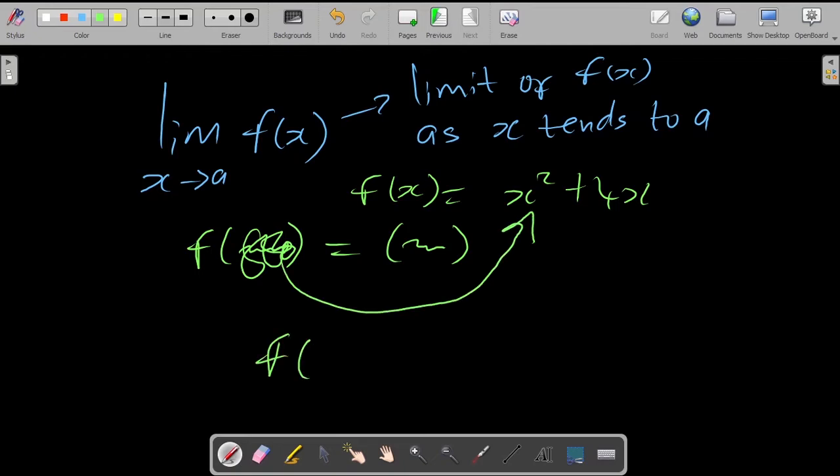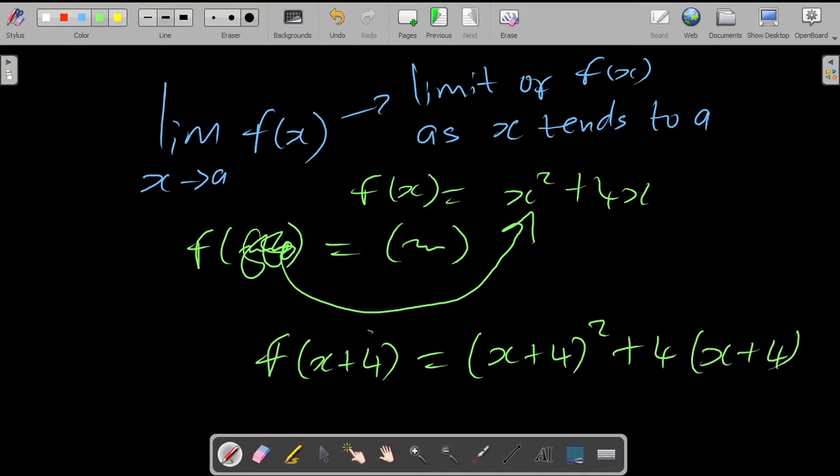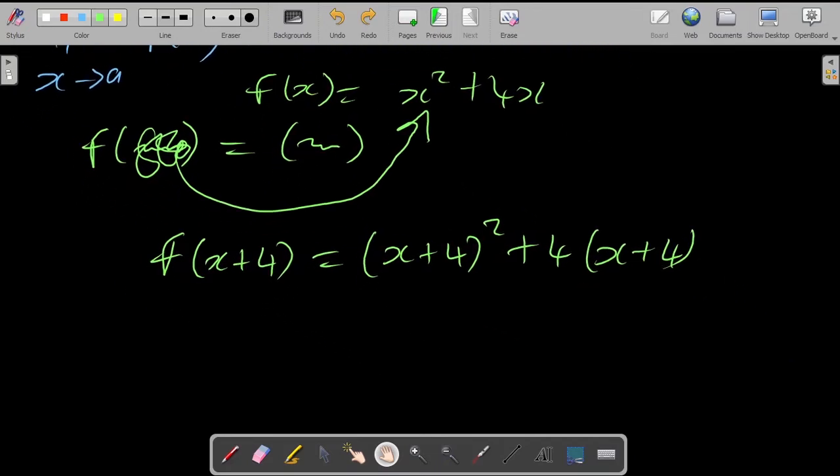So for example, if you have x plus 4, you substitute that wherever x was in the previous case. So now this is the new expression that you'd have. Wherever you see x, you substitute it like that.